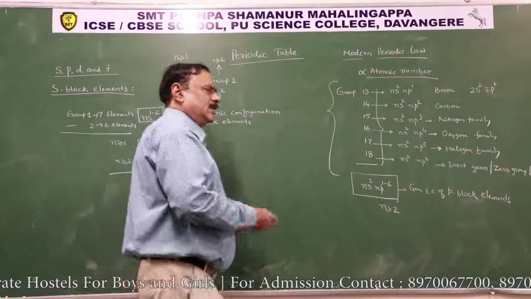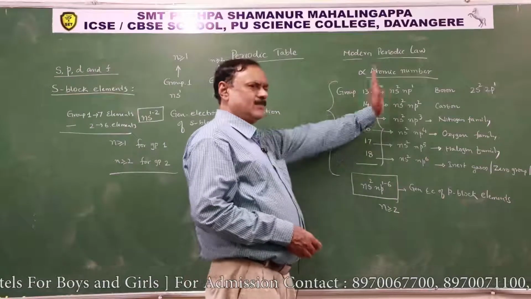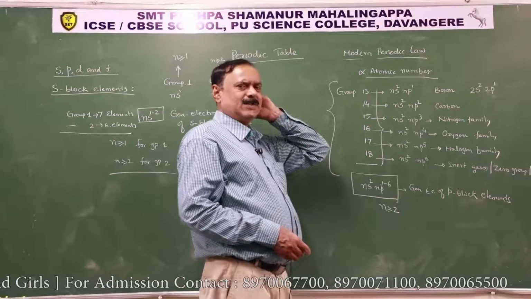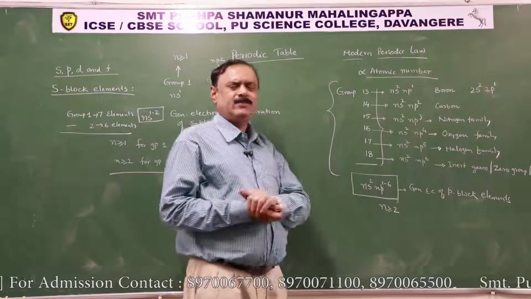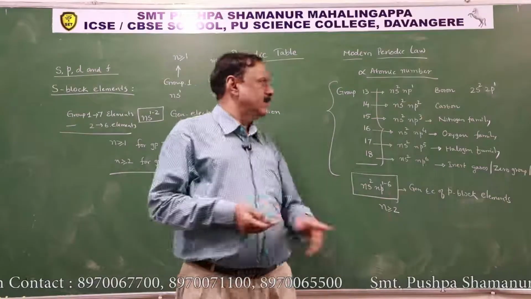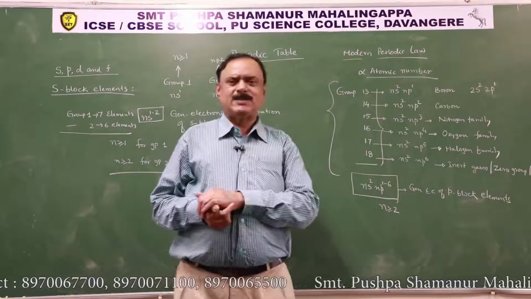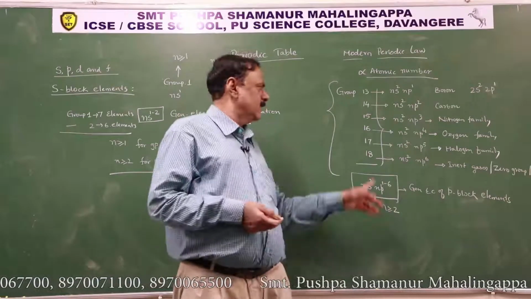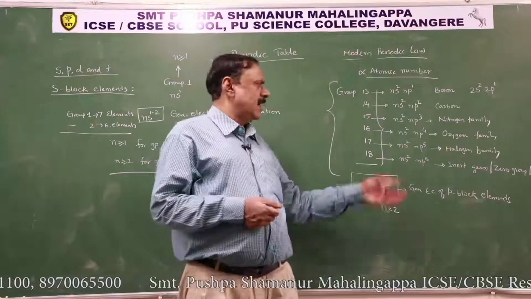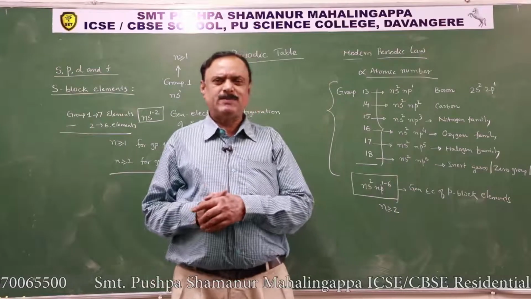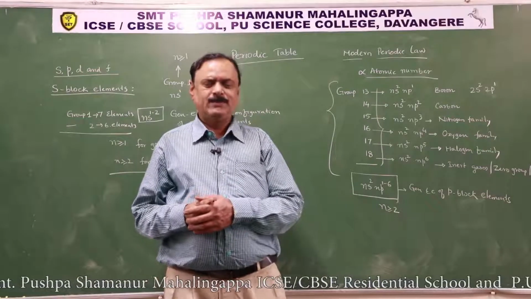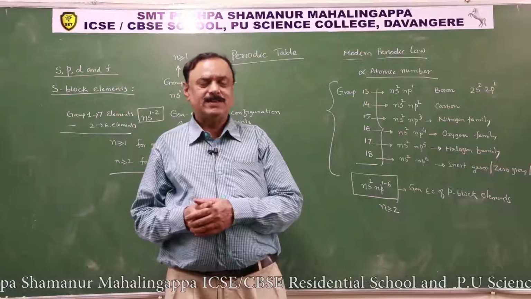Now, P block elements are further classified into boron family elements, group 13, carbon family elements, group 14, nitrogen family elements, group 15, oxygen family elements, group 16, halogen family elements, group 17, and zero group elements, group 18.